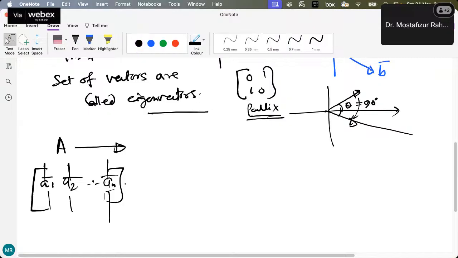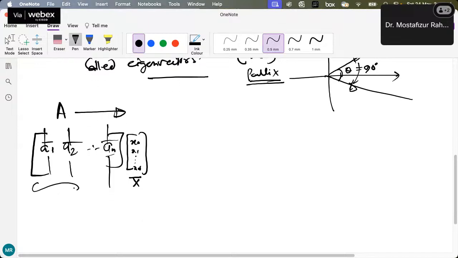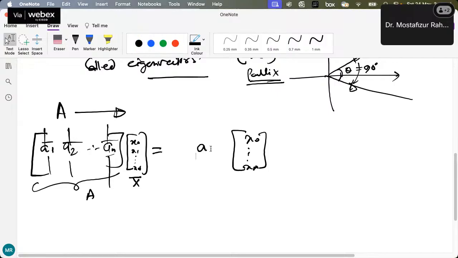What I am doing is just multiplying with a vector. Let's take a single vector x0, x1 up to xn, and this is entirely x bar, and this part is A. This is the same as x0 to xn times some scalar amount a. So this entire matrix is only stretching this vector and doing nothing else.